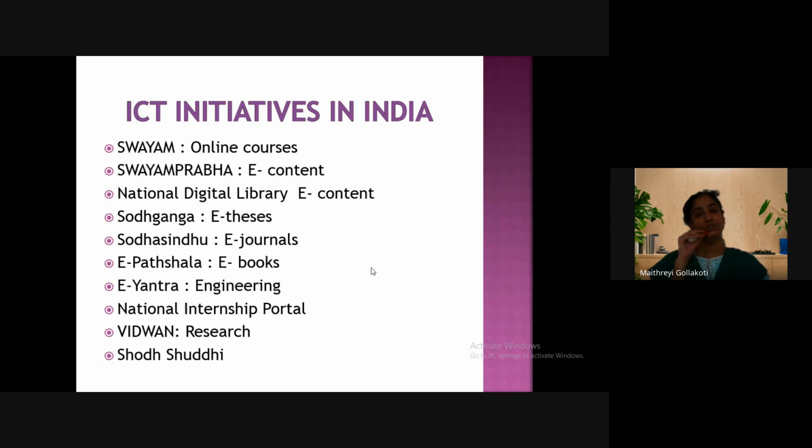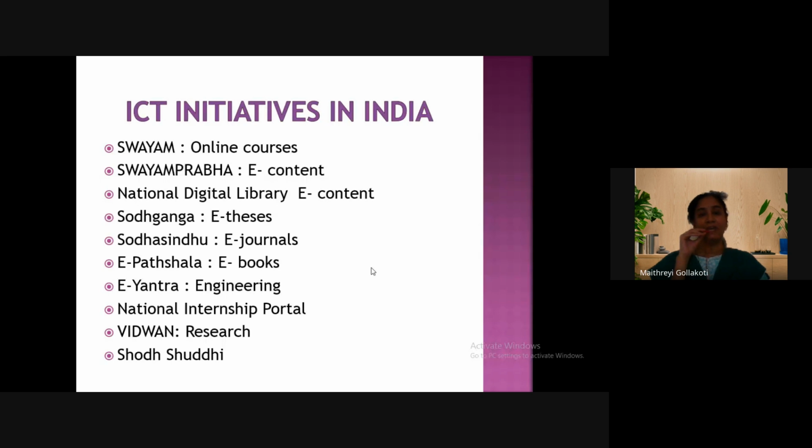Through the institution's subscription, we can access these sites. If we try to access individually, we will not be allowed. So your institution should take the subscription, and the entire institution can use this facility, which is very recommended and useful for both students as well as faculty.